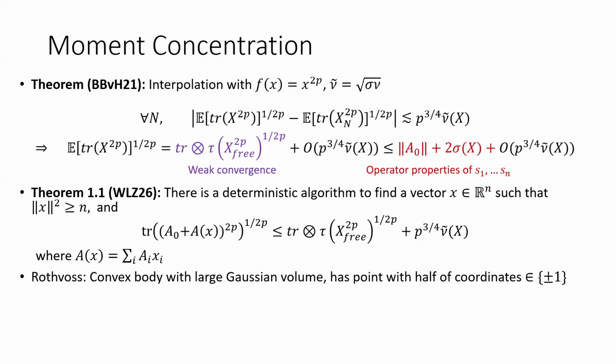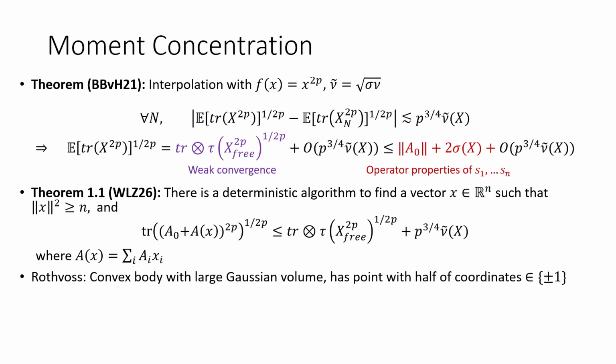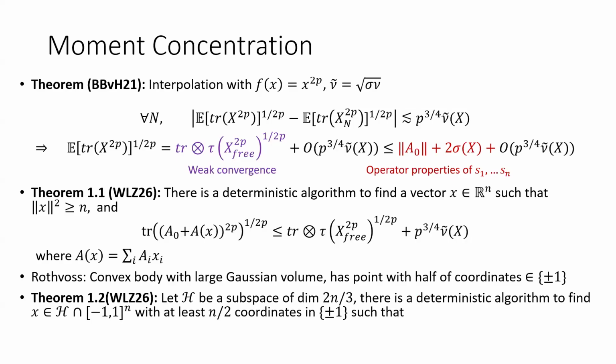There's a result by Rothvoss which says that any convex body that has large enough Gaussian volume has to contain a point with many plus minus 1 coordinates. Moreover, his argument comes with a randomized algorithm to find such a point. Our second result is to de-randomize a version of Rothvoss's projection result combined with this free concentration inequality.